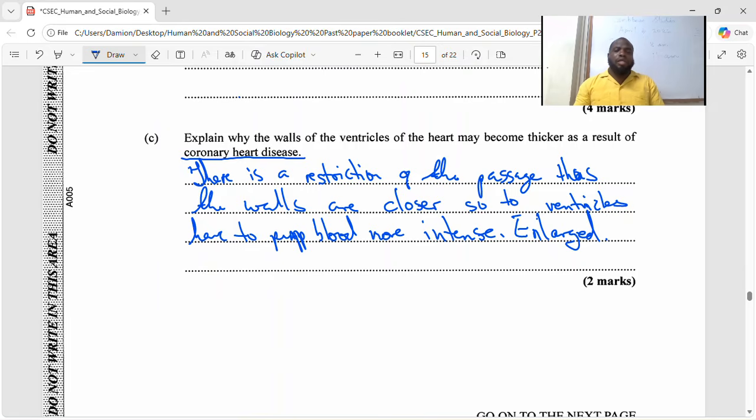So really and truly, there's going to be an increase in the size of the walls of the ventricles because there's an enlargement of the cells present there to try and pump the blood to overcome that resistance that is there due to the blockage.